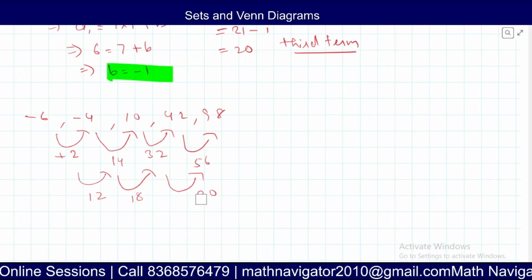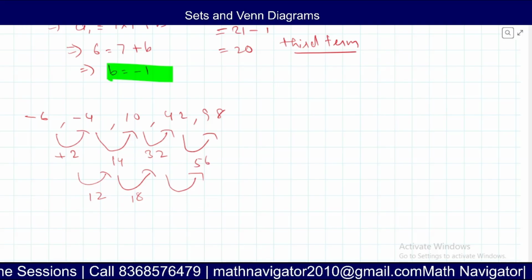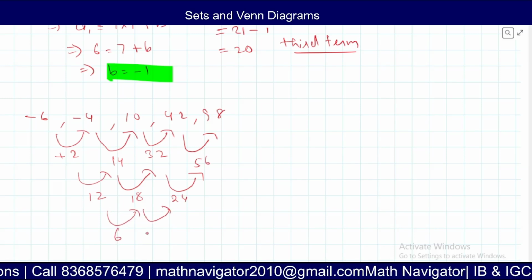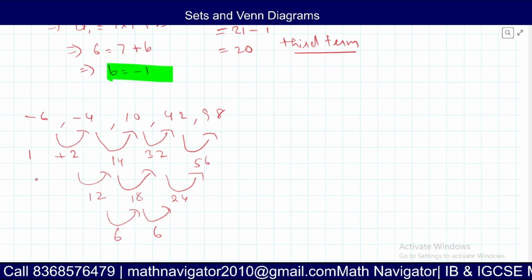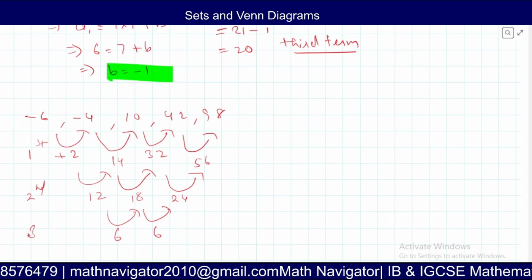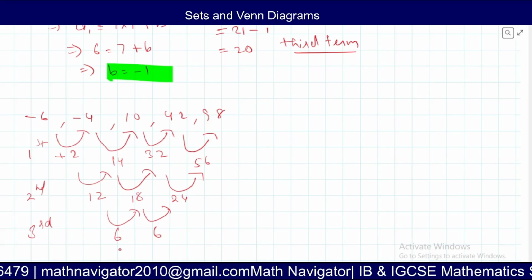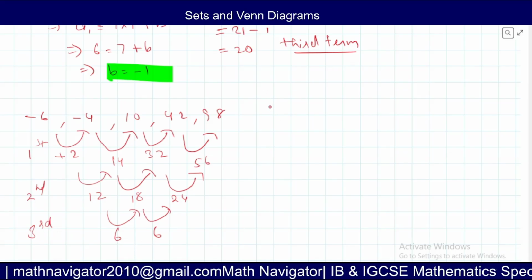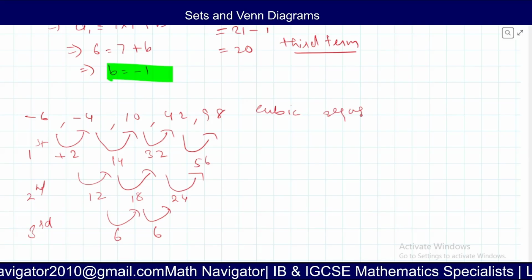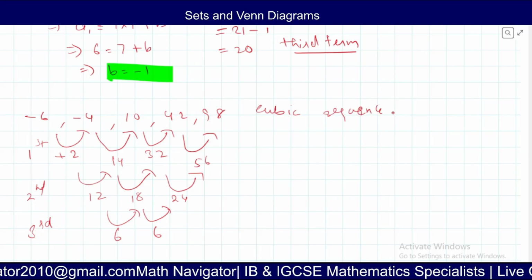My mistake. Right. So now it becomes 6. So that means my first difference, second difference, and third difference. So my third difference is matching, therefore it is a cubic sequence, right?